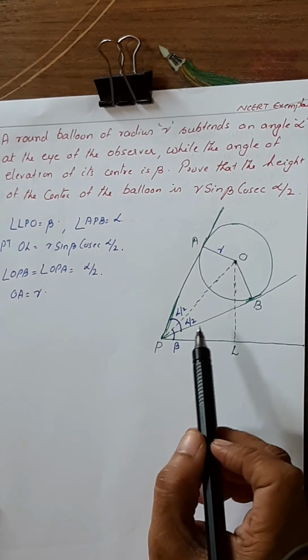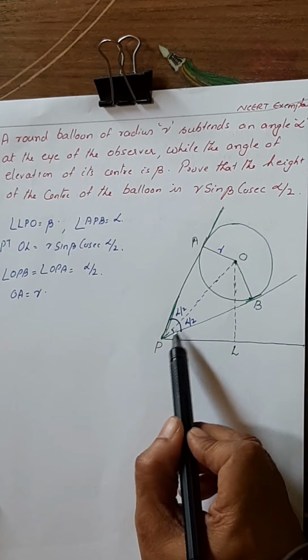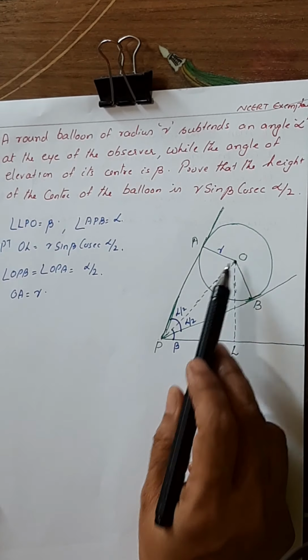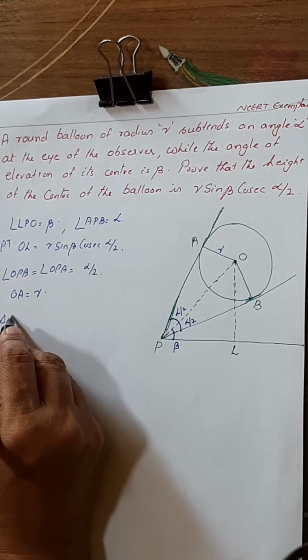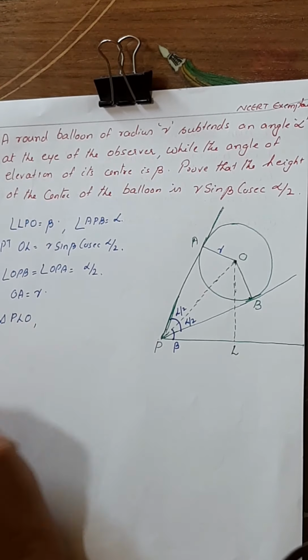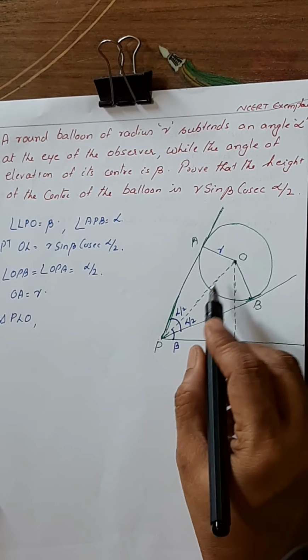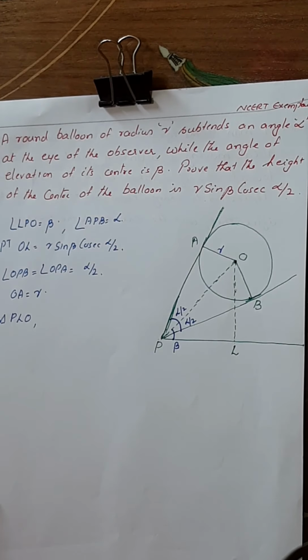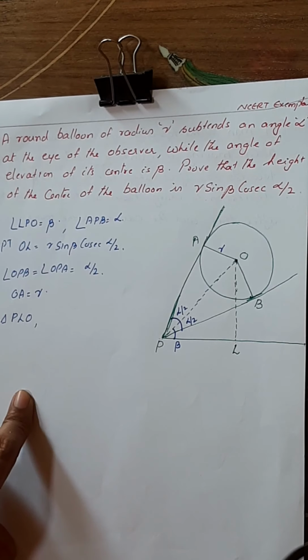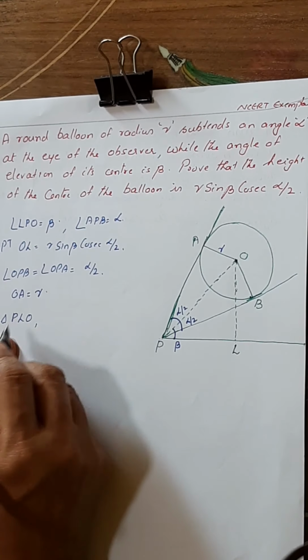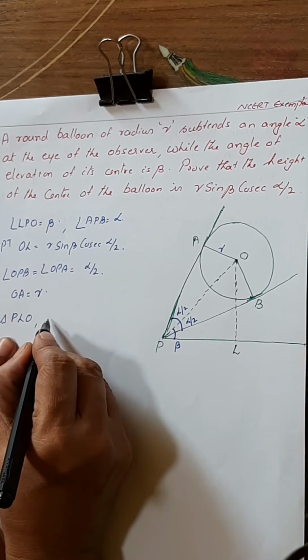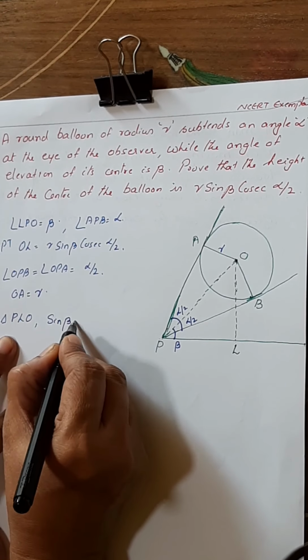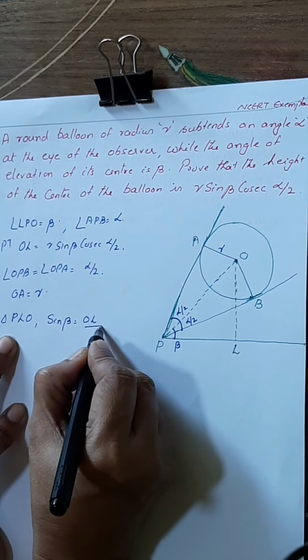So in triangle PLO, we will have sine beta is equal to OL by OP.